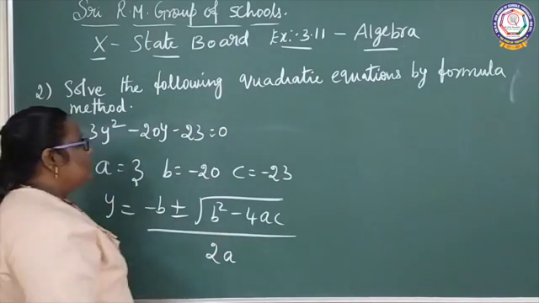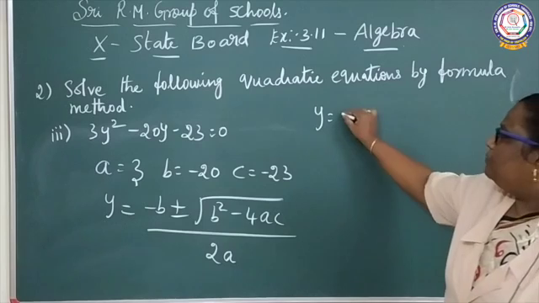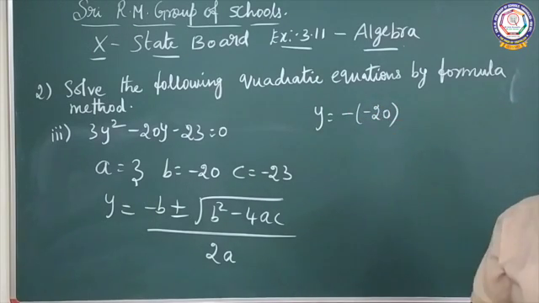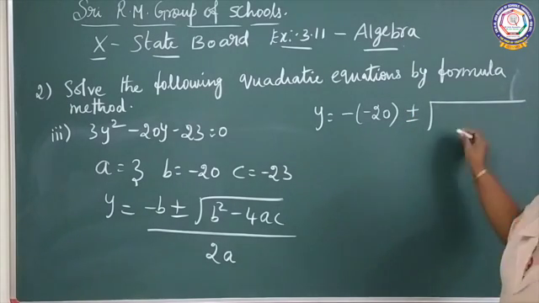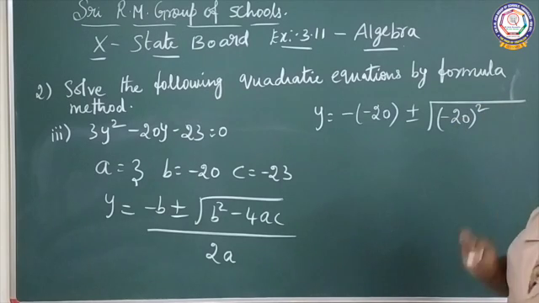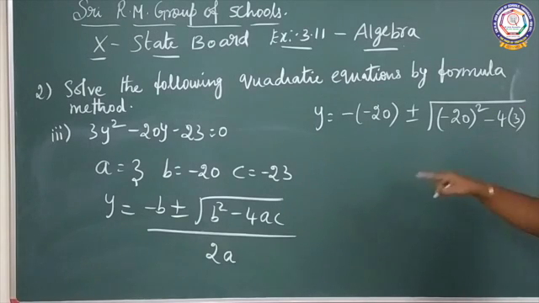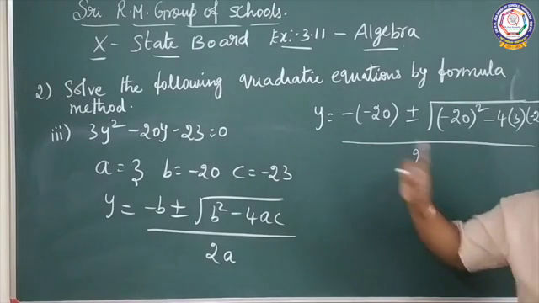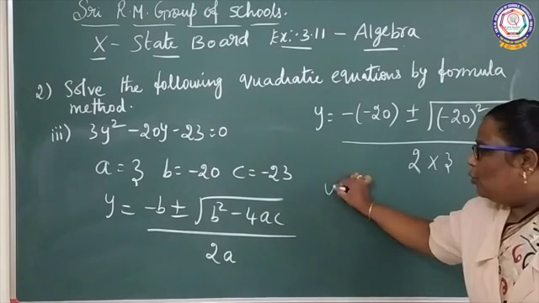So y equal to minus b; minus b means minus into minus 20, plus or minus root of b square, minus 20 the whole square, minus 4 into a value 3, c value minus 23, by the whole divided by 2 into a value 3.